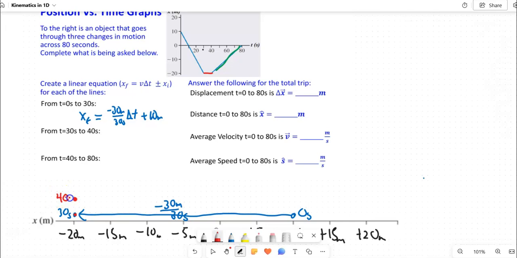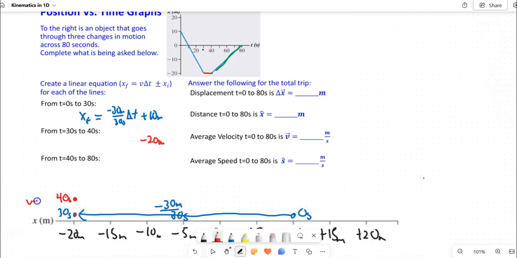So in other words, it started here, it ended here, right? So its starting position is negative 20 meters. Its end position is negative 20 meters.